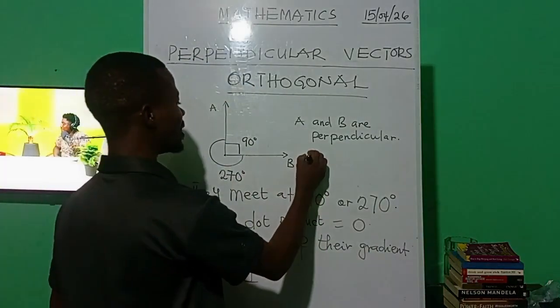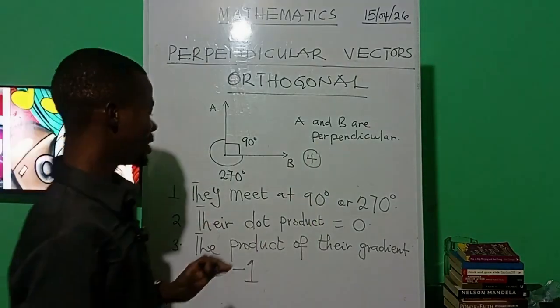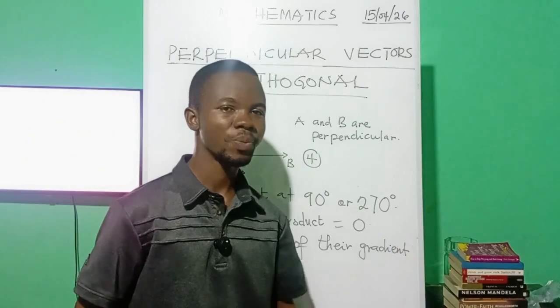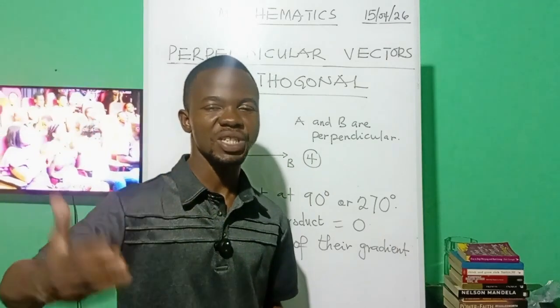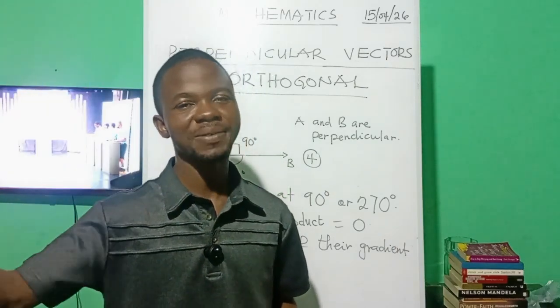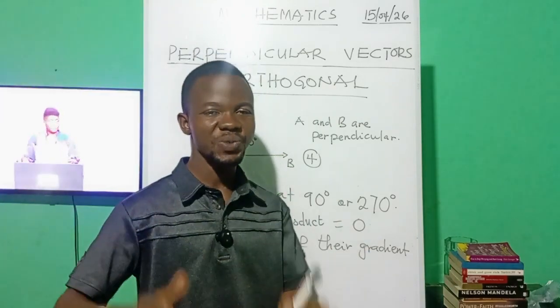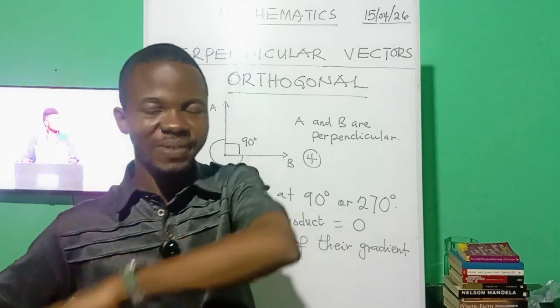The fourth one is coming from this. The gradient of one vector will be the negative reciprocal of the other vector.